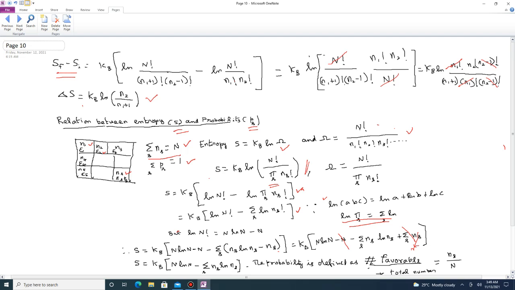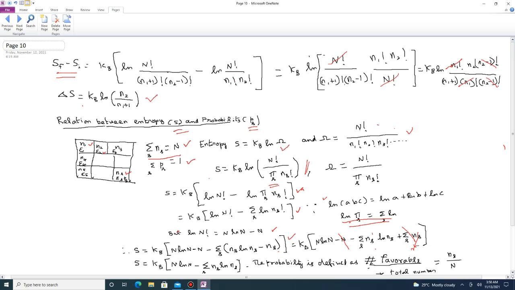But we have Stirling's formula: log n factorial is equal to n log n minus n. Using this, S can be written as k_B into N log N minus N, minus the sum over s of n_s log n_s minus n_s. So now the third and fourth terms can be expressed like this.